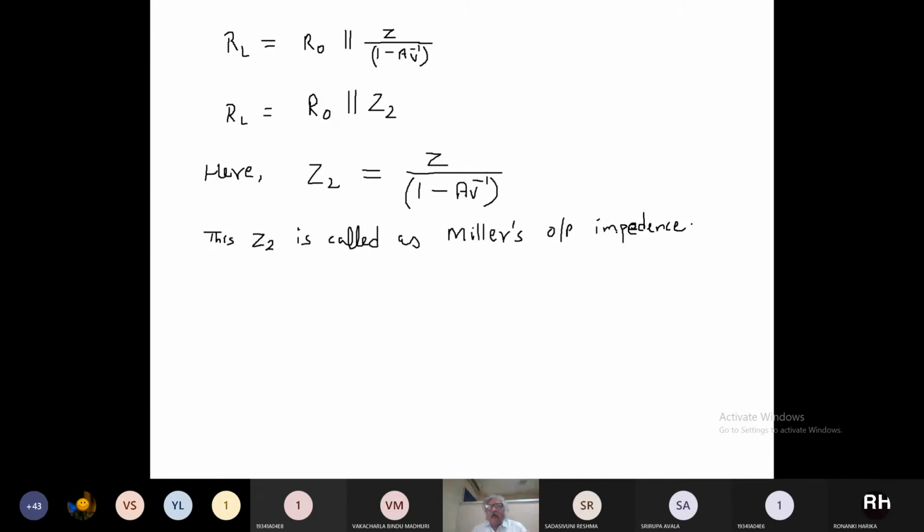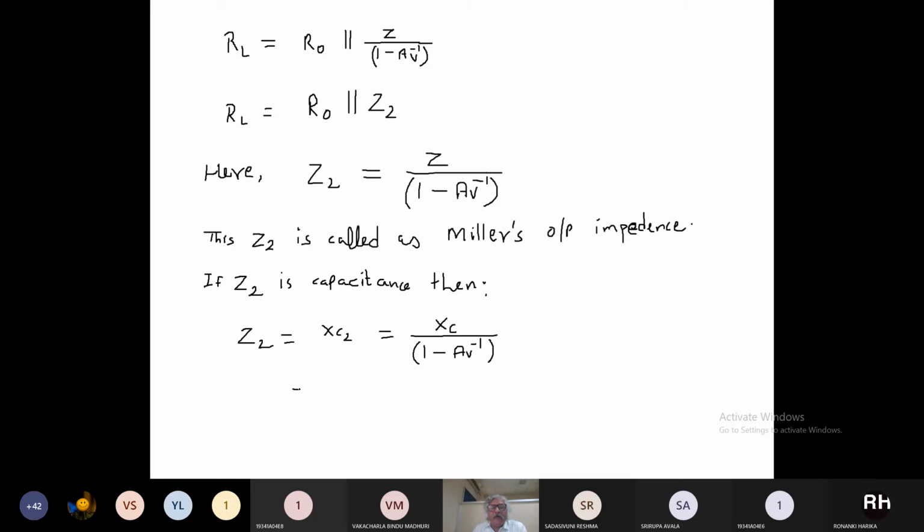Now, the same way as we did on the input side, if Z2 is a capacitance, then Z2 equals XC2, equals XC divided by 1 minus AV inverse.